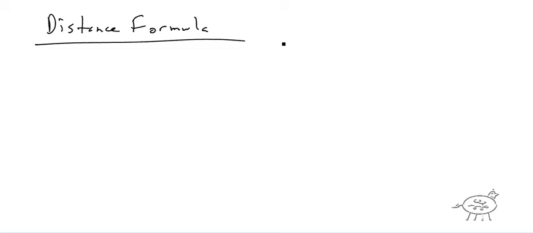So let's talk about the distance formula now. Remember, the distance formula is used to find the distance between 2 points. Of course we have (x1, y1) and (x2, y2).